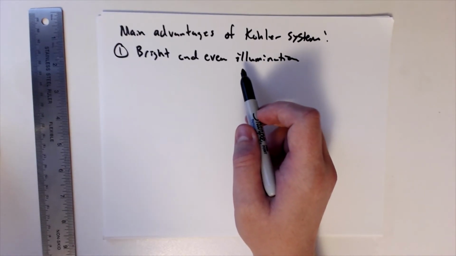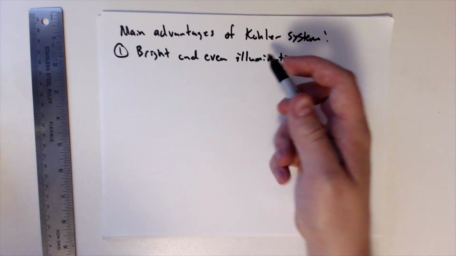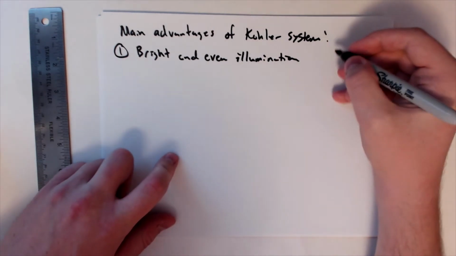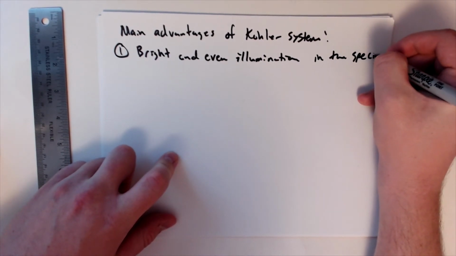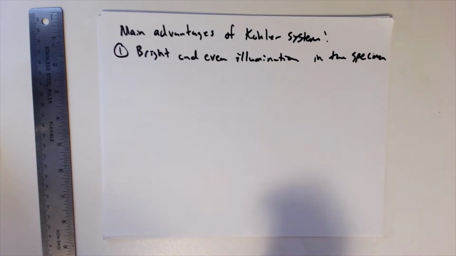Over the entire specimen we're looking at, this system provides even illumination. So the brightness is going to be even across the specimen that we're looking at. So that's definitely important for this system. So we don't want any differences in illumination.